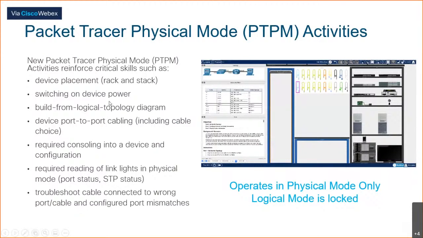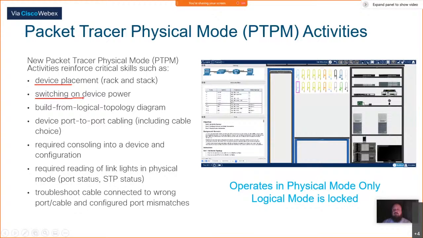Some kind of overview of what these activities do. They do device placement and switching on device power. It's quite important: when you grab a device and put it on the table, if you power it on, it usually works much better. Build from a logical topology diagram, device port-to-port cabling, as I've shown already.